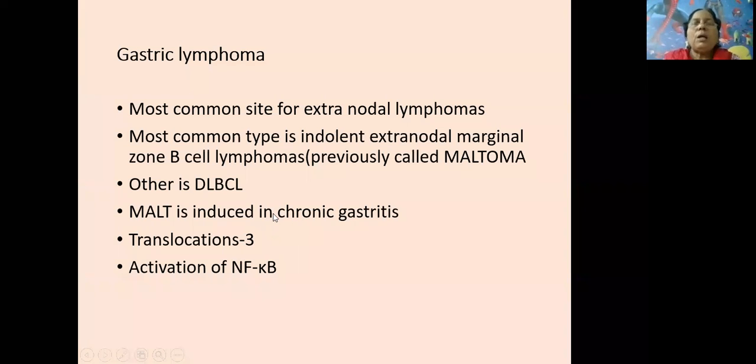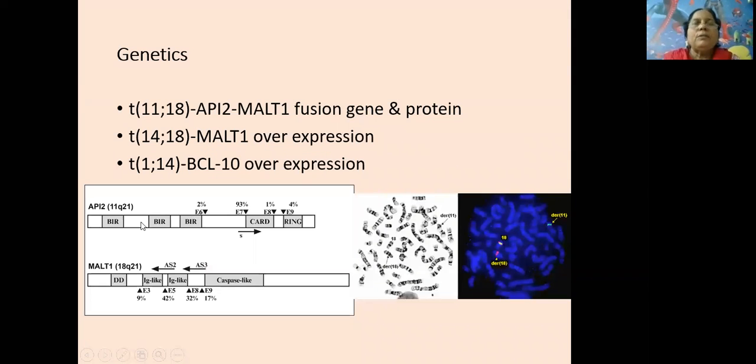And how come it becomes tumor lymphoma is they say that translocation of chromosome, 3 translocations may be the etiologic factor. I'll tell about the translocation, and all the three, and also activation of nuclear factor kappa B, that is also important. So what are the 3 translocations that happen? So translocation 11;18.